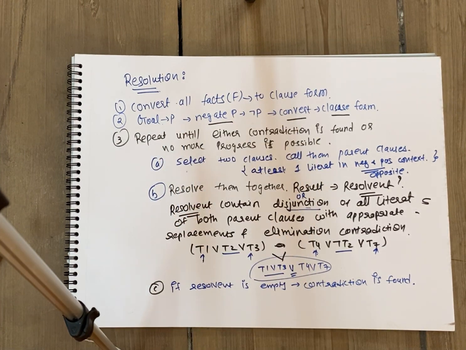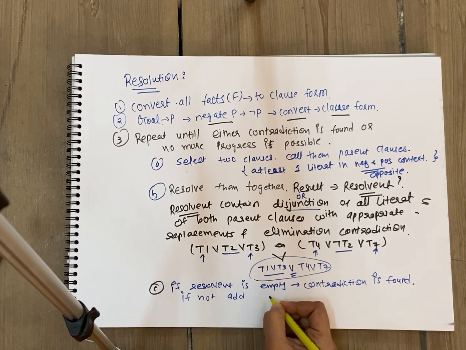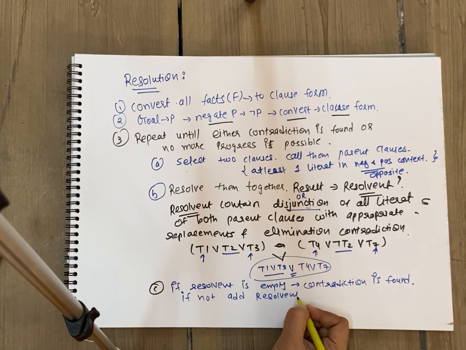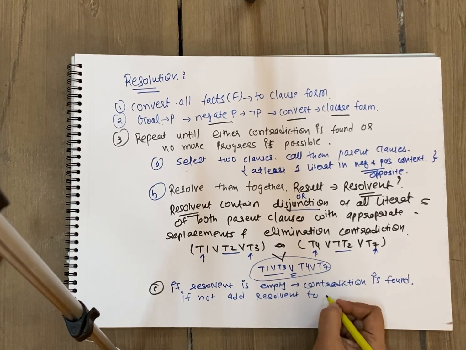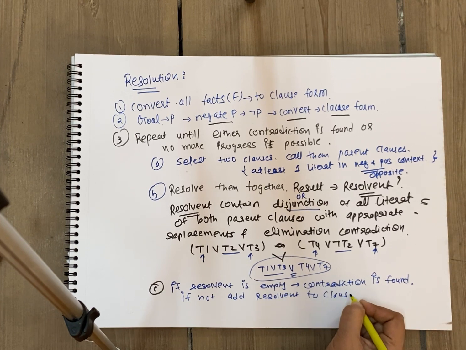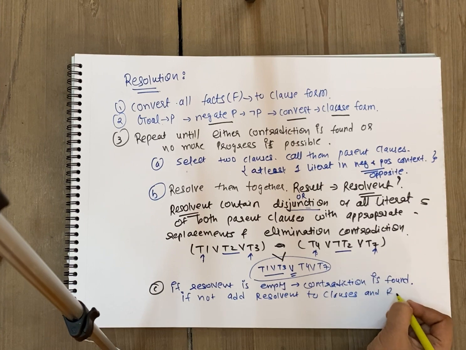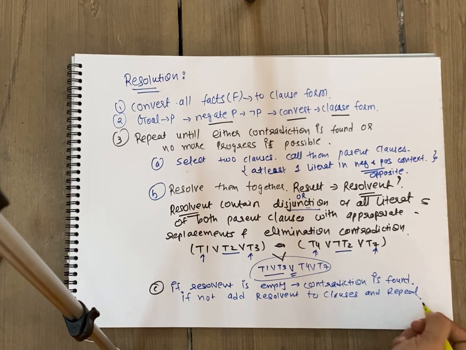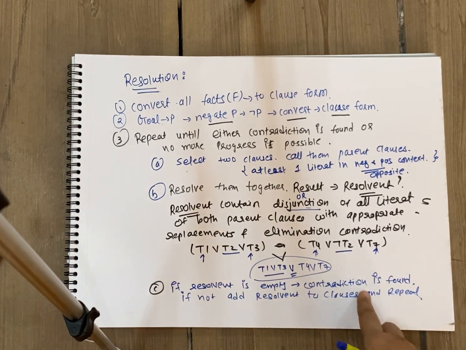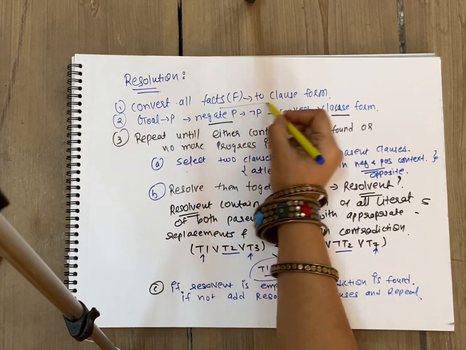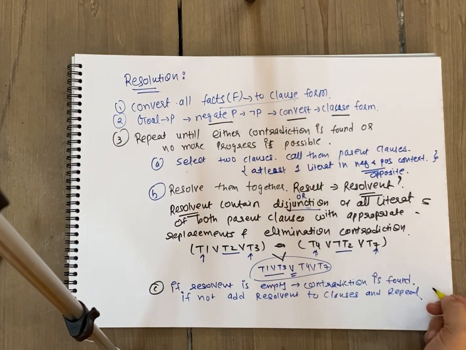But if not, then add the resolvent to clauses and repeat. So the resolvent is once again going to be added to our clauses which we have generated over here, and we are going to repeat the procedure.